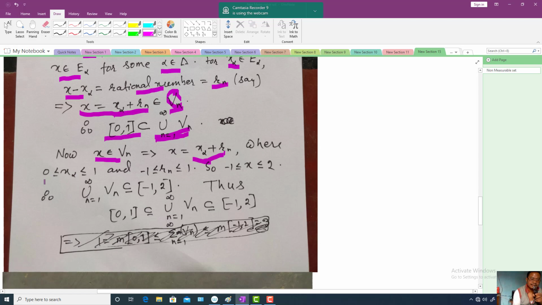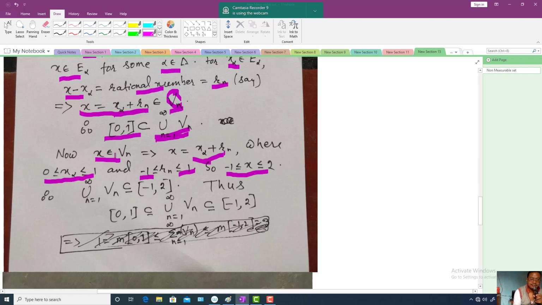That means x alpha is bounded by 0 and 1. And Rn is a rational number between -1 and 1, so Rn is bounded by -1 and 1. So if you add together, x alpha plus Rn is bounded by -1 and 2. Their sum is called x, so x is bounded by -1 and 2.